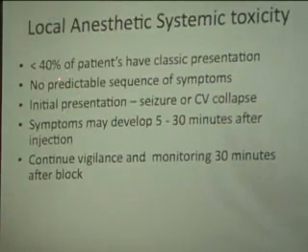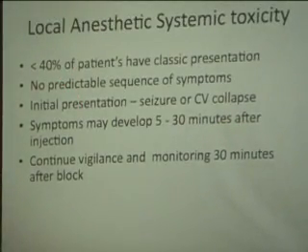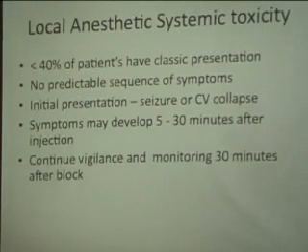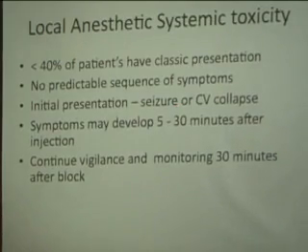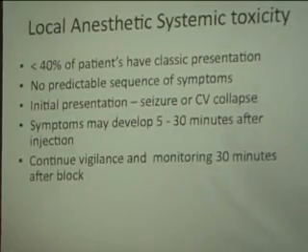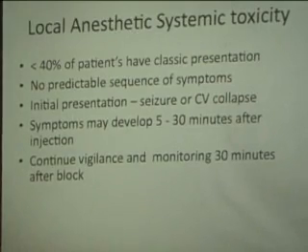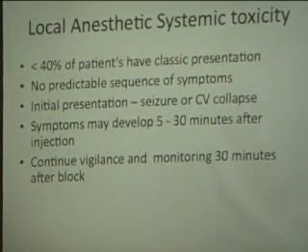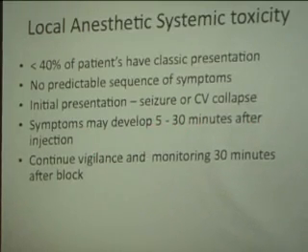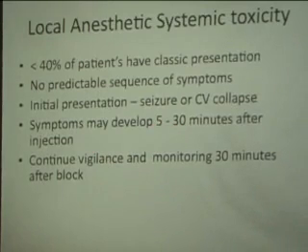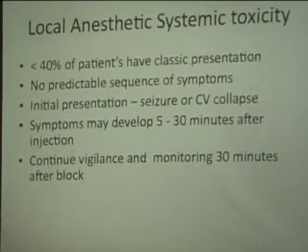In only about 40% of the patients, the classic presentation is seen. In the majority of patients, you can have cardiovascular collapse as the first symptom of your local anesthetic toxicity. So there is no predictable sequence of symptoms. The symptoms, as we said, can develop 5, 10, 30 minutes after the injection, and so you should continue to monitor these patients after the block is placed and they're waiting for their surgery.